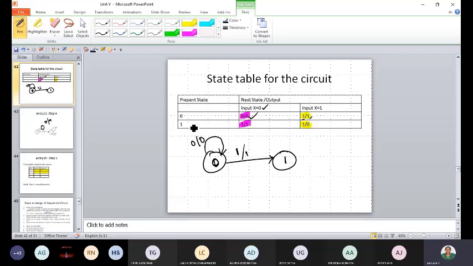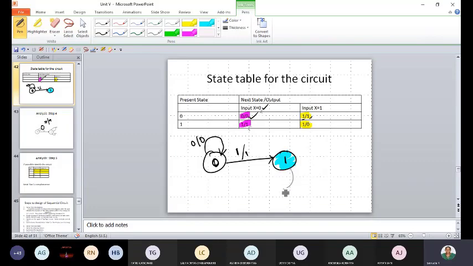Let me go ahead with the next one. When the present state is 1, now you are here in the state. So when your present state is 1, and when your input is 0, what is my output? 1. And what is my next state? 1 only.